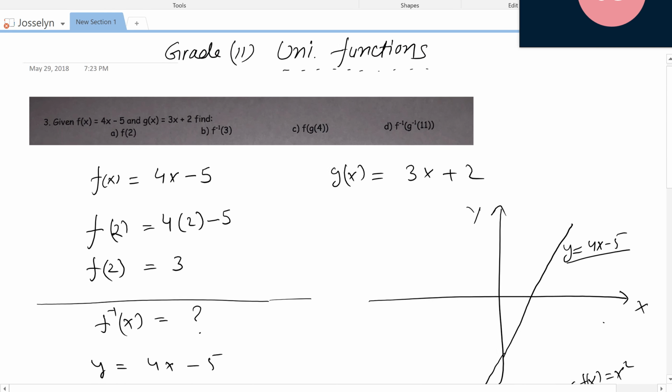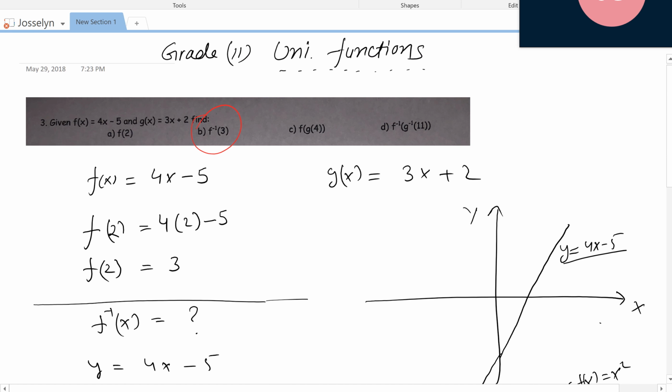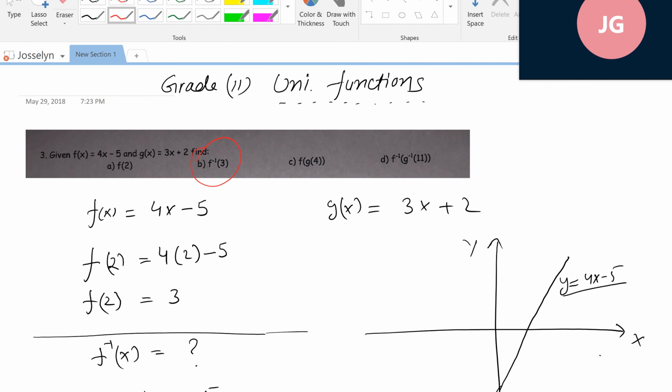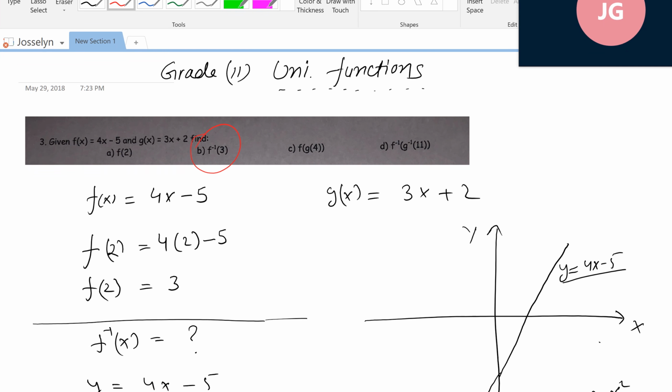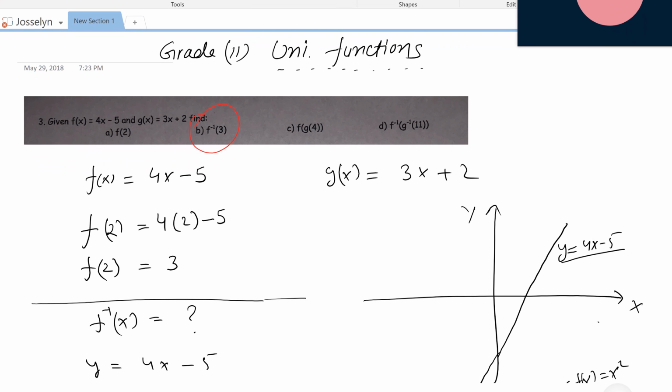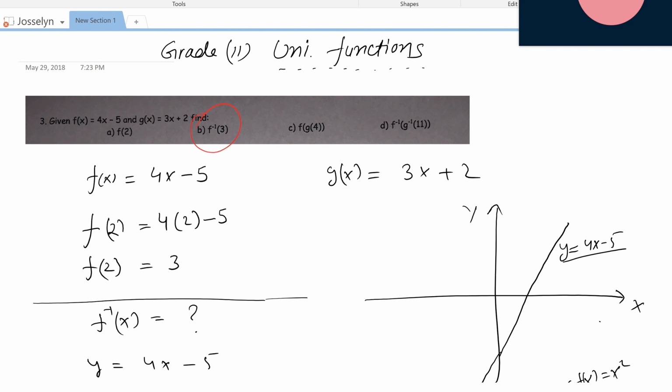So they were asking for f inverse of 3. So now we know that f of x is 4x minus 5. Let me go down there. Actually, I moved a little bit. Okay, good.